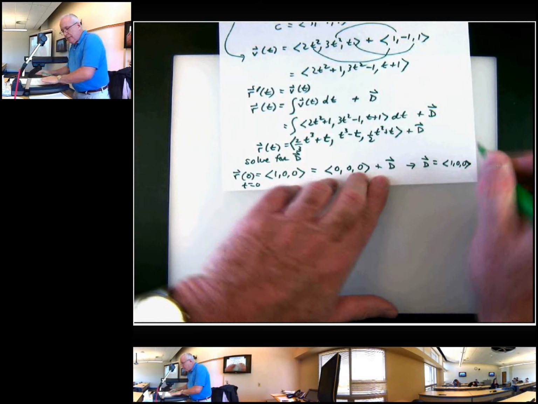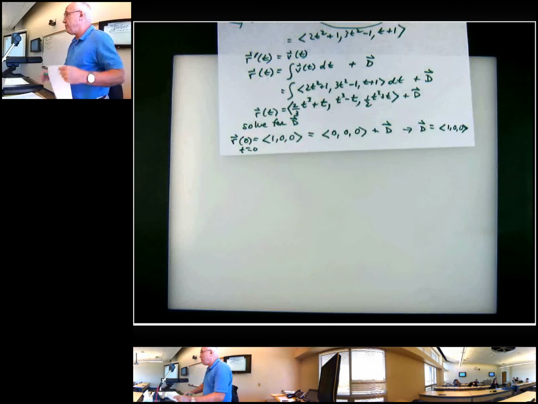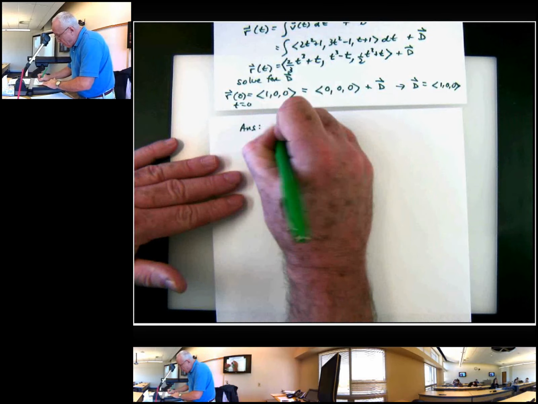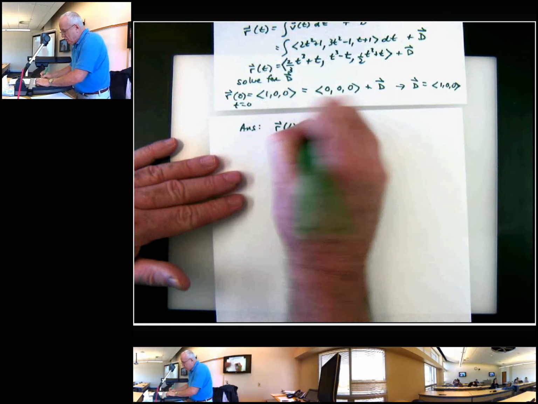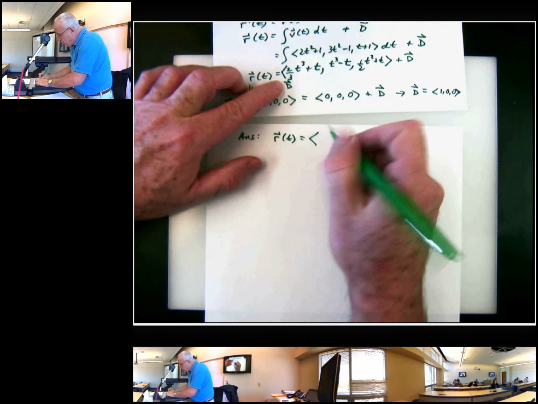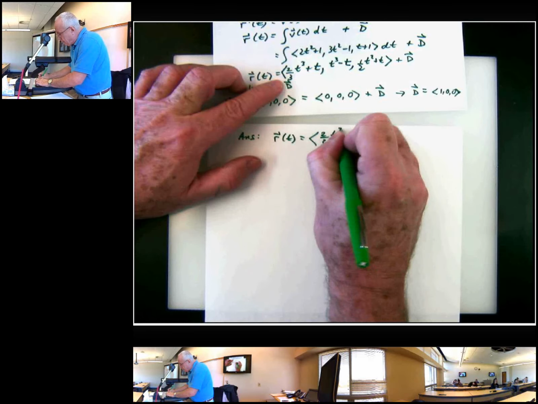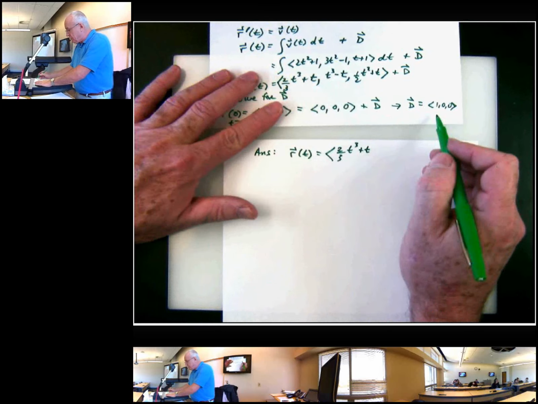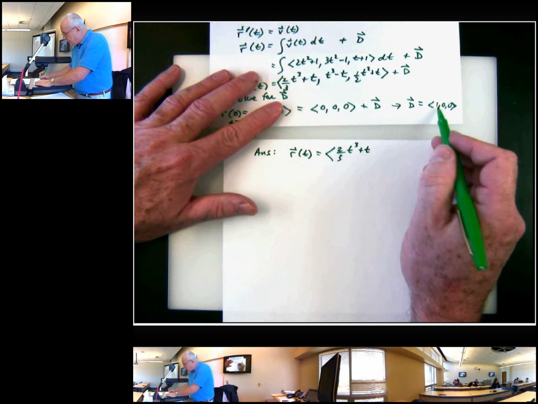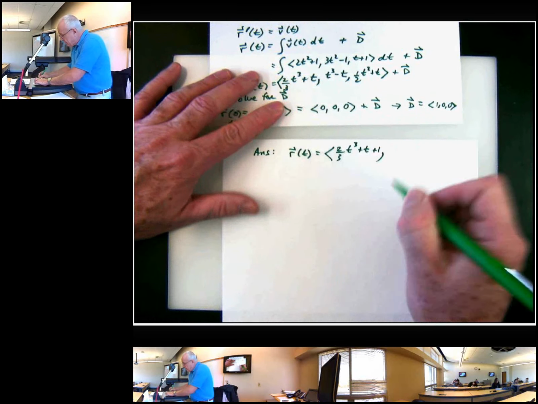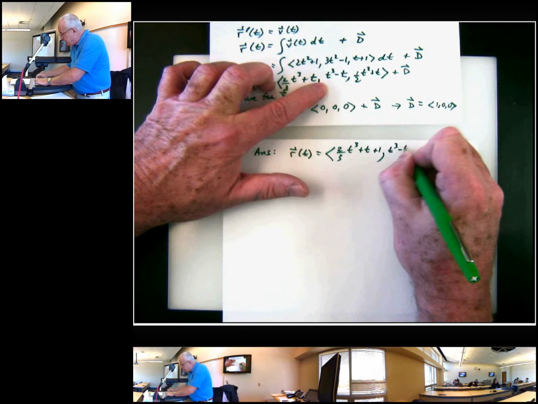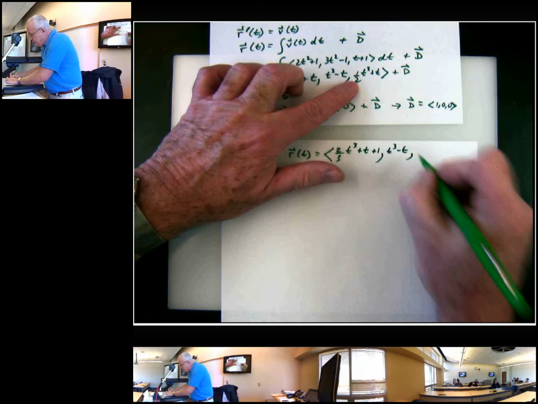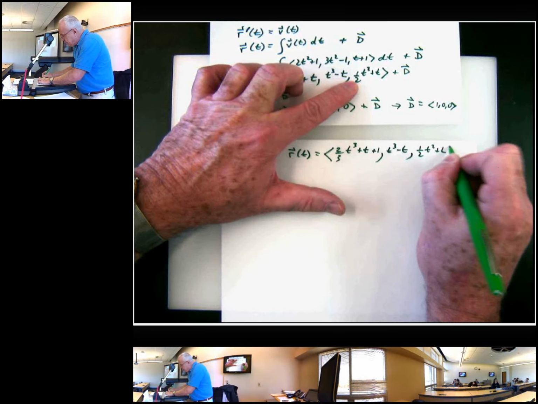So we're ready to write down our final answer for our position vector. So therefore, answer: our position vector is 2/3 t to the third plus t, and I'm just going to add the components of the d vector right now, so that's plus 1, comma, and then it's t to the third minus t, plus 0, and then finally it's 1/2 t squared plus t, plus 0.